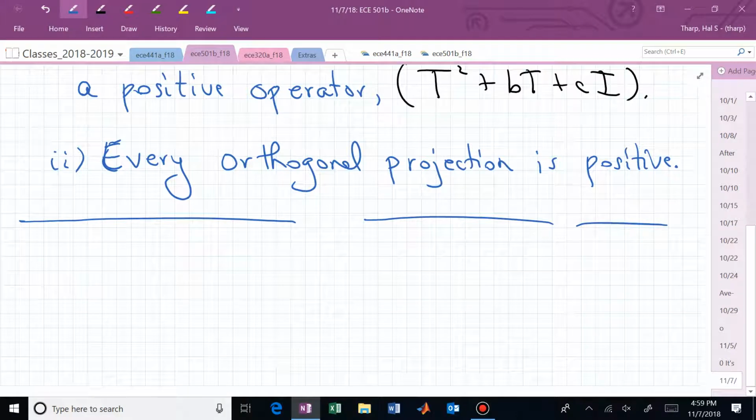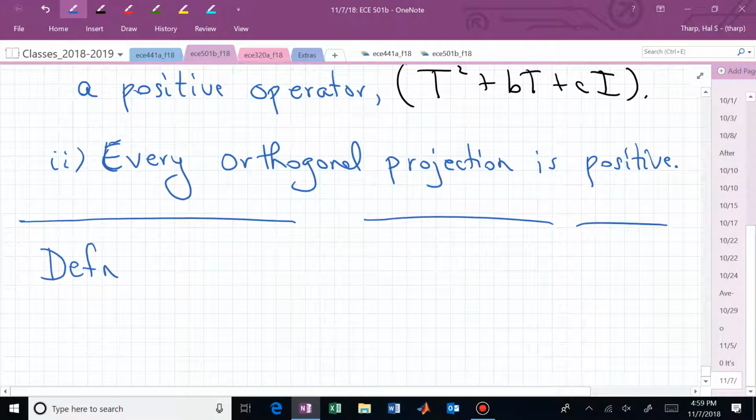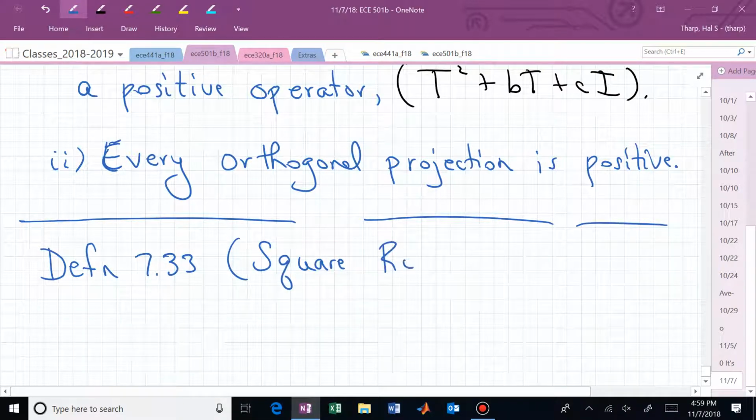Now we can define square roots if we have positive operators. Here's definition 733, dealing with square roots.